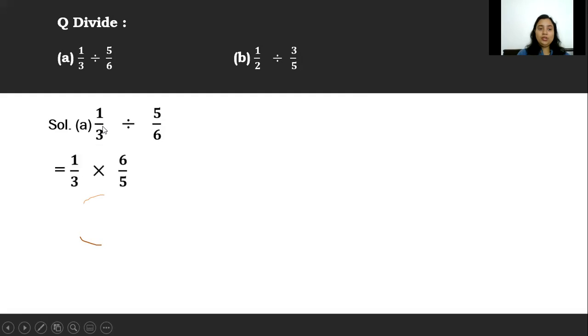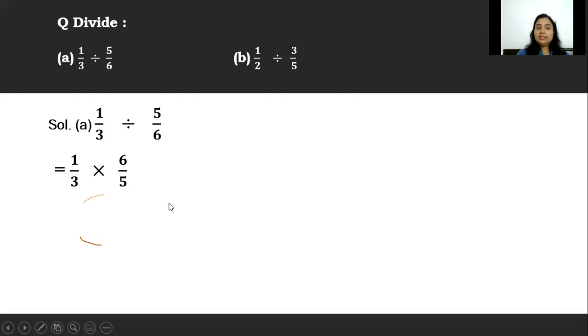Look at this. 1 by 3 as it is, change the sign to multiplication and reverse this fraction. What you are supposed to do? 5 by 6 has become 6 by 5. So numerator and denominator reverse their places, right?